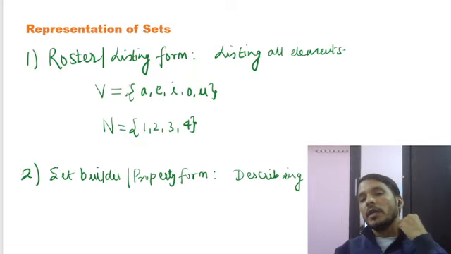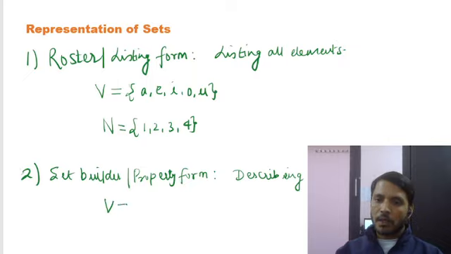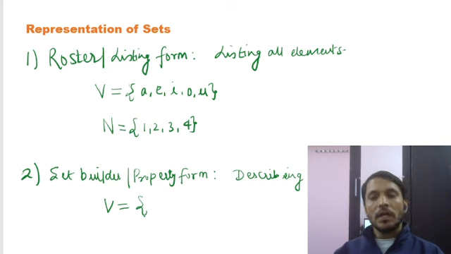Like here, we want to write the collection of vowels, or the set of vowels. How are we writing? We write the symbol for the set, equal to the set of all. There is a proper way of writing that you also have to understand.